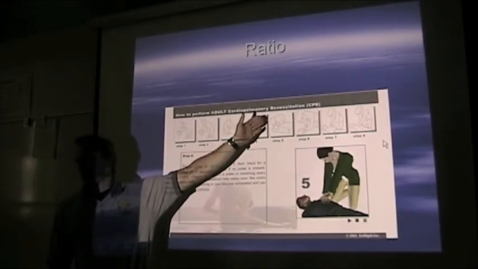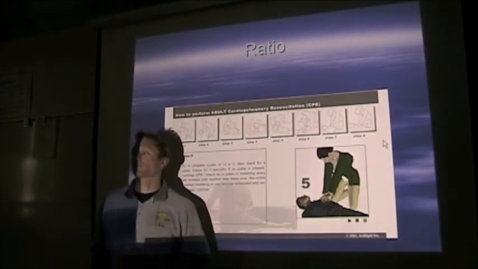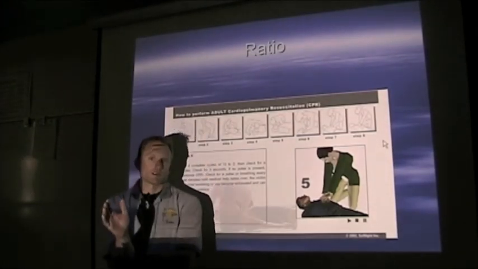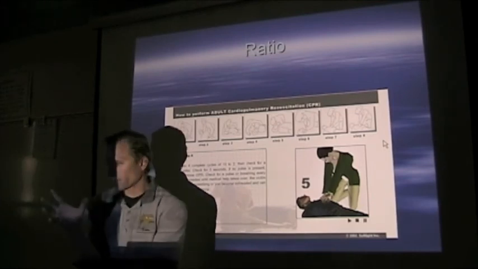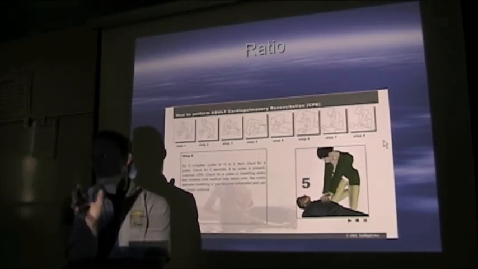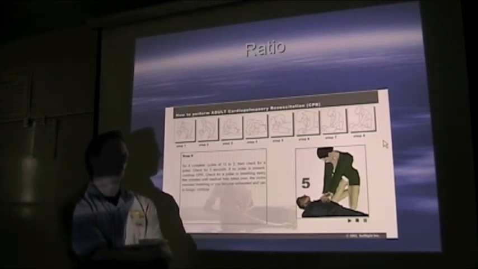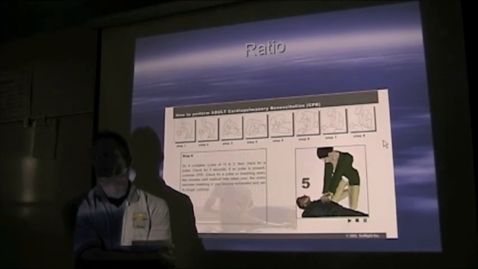Ratio is the 2 breaths, the 30 compressions, whereas the rate is what? The rate is what again? 100 times a minute. So that's what we're going to be practicing now with mannequin, and then we will go from there.